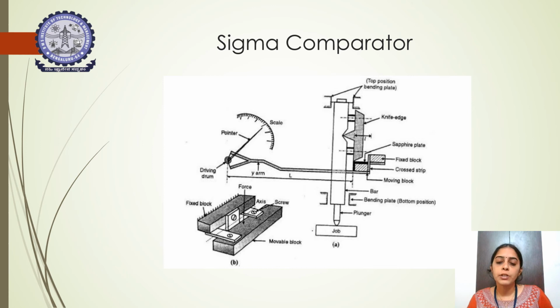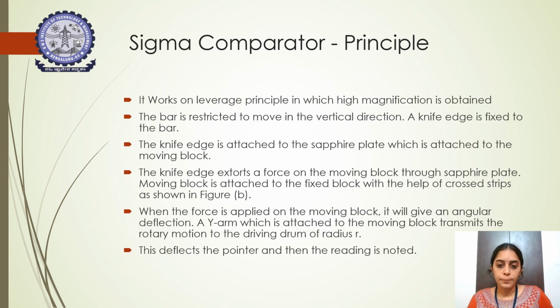When the plunger moves on the job, the variation will result from the application of the force, and that force will help in the movement of the pointer and give the required deviation when used to measure a workpiece against a standard. First you have to understand the basic principle.